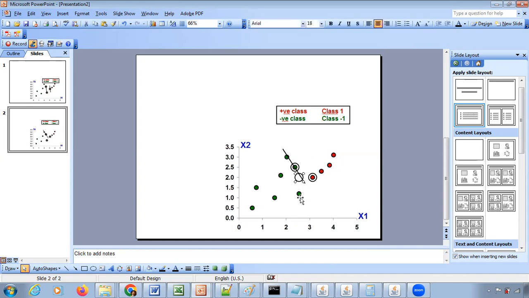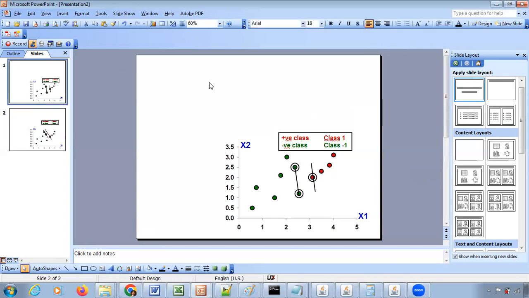So instead of using this as a support vector, we could use this as a support vector. And so we have at least two support vectors from one class, so that's good enough. So we could go for this.